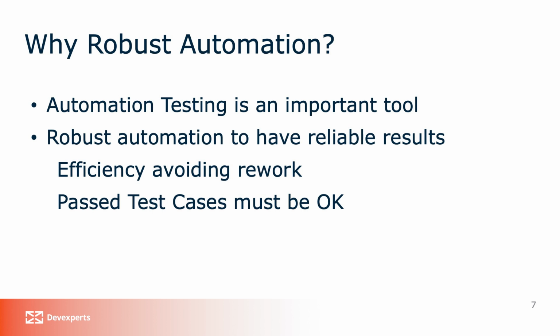This means robust automation means reliable results, and it means efficiency, avoiding rework, means reduced test flakiness, and it helps your functional QA team invest their efforts in test cases which are not automated yet. So this means that passed test cases are okay, right? You can trust your results. So that's why robust automation is really relevant.